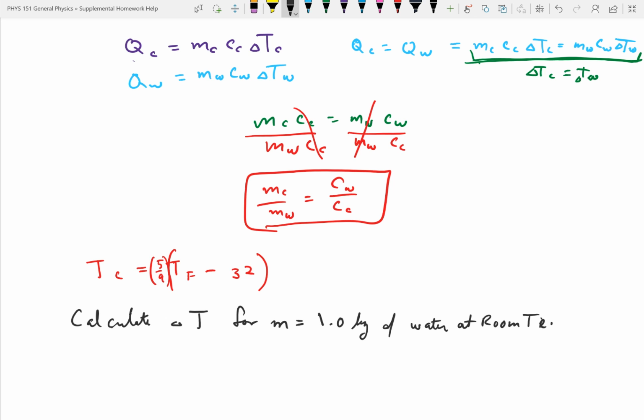It says initially at room temperature, so I should put initially in here.